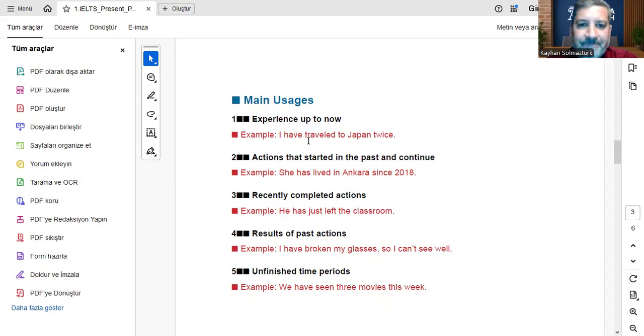Okay, so look, here I have traveled to Japan twice, and the other one's about experience. But again, both the first one and the second one is an action that started at a specific point in the past and continued up till the moment of speaking, so the present time, right? So be careful.